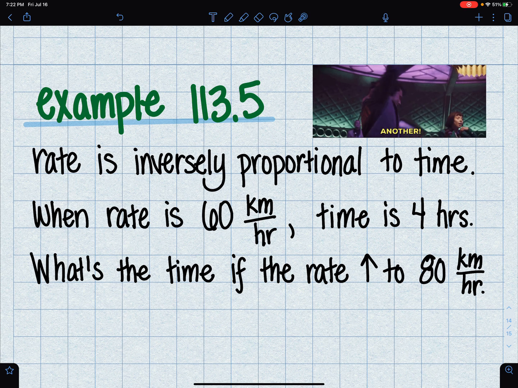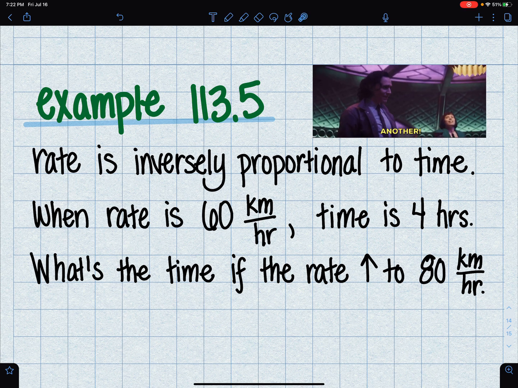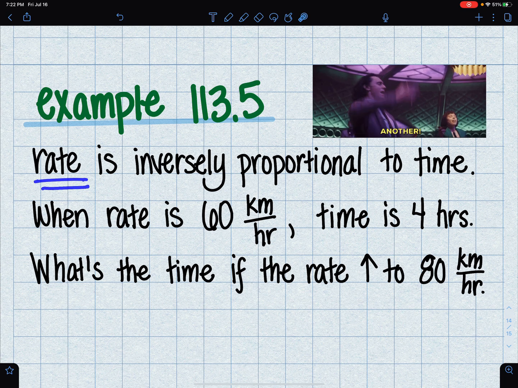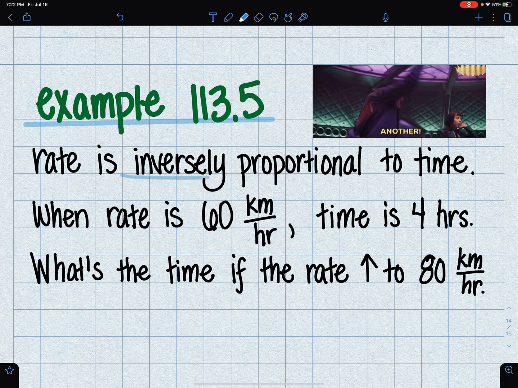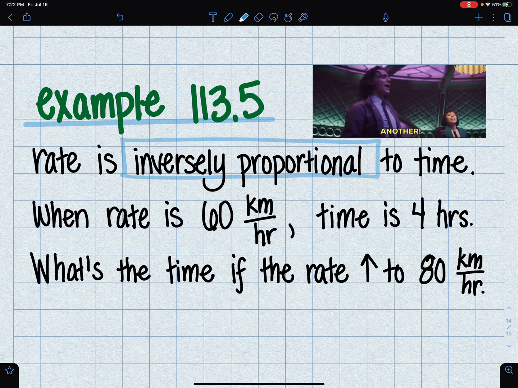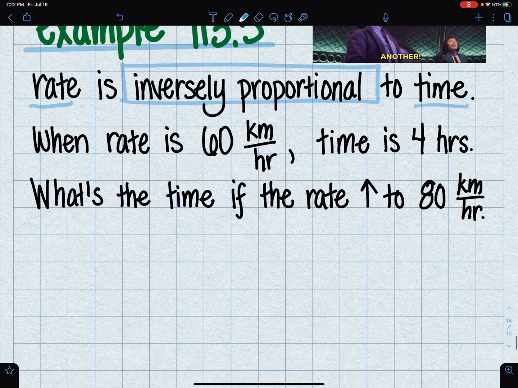This one says, to travel a fixed distance, the rate, so here's one of the variables, is inversely proportional, there's your key words, to time. So I'm going to underline, rate is inversely proportional to time. So let's write that equation.